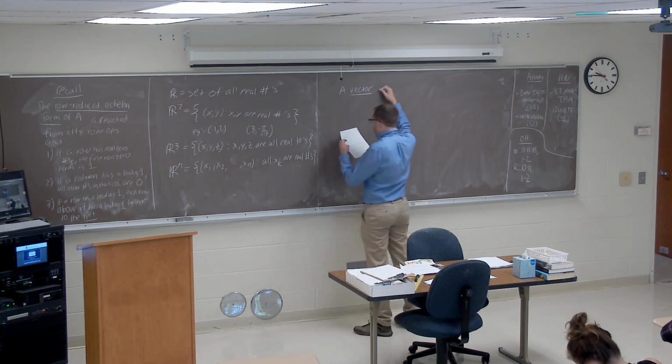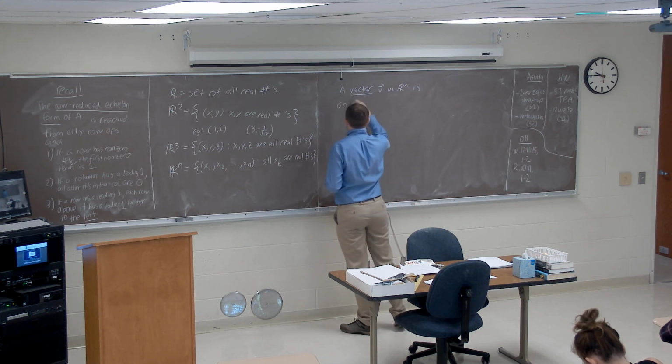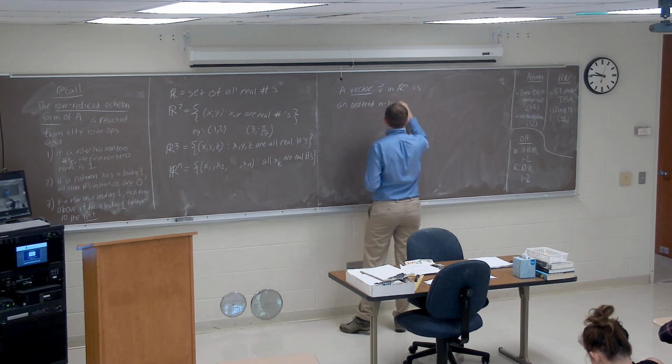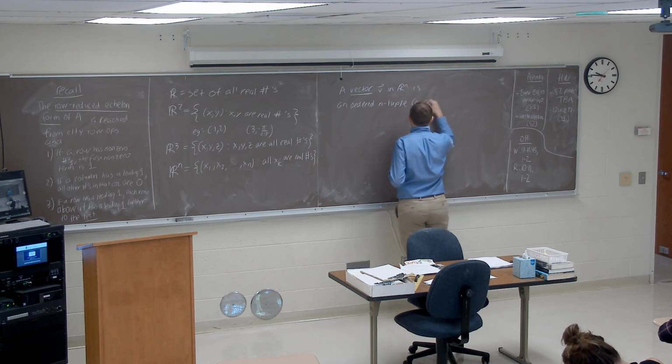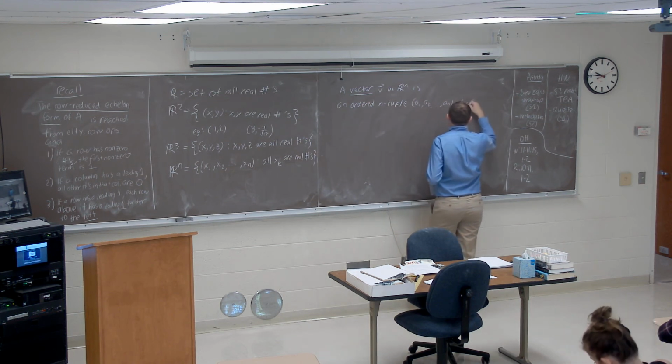So a vector v in Rn is an ordered n-tuple a1, a2, up through an of real numbers.